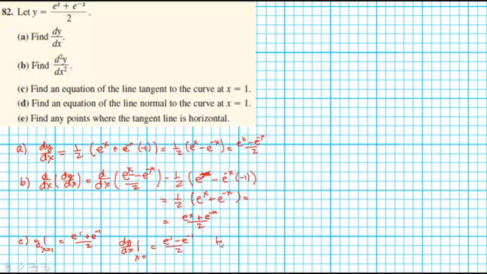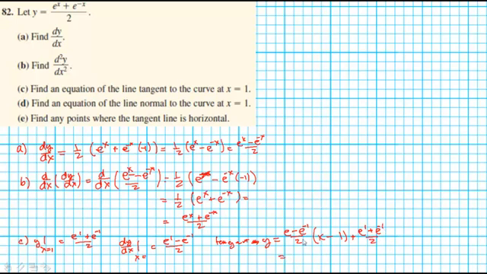And then putting together the tangent line, we find that y is equal to the slope, which is (e - e^(-1))/2, times (x - 1), plus (e^1 + e^(-1))/2.